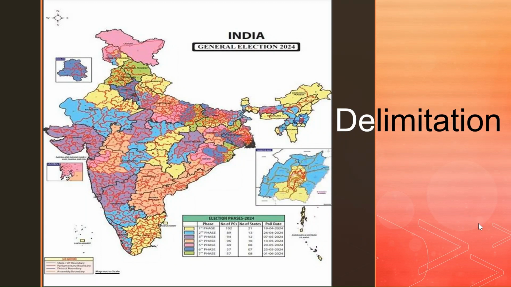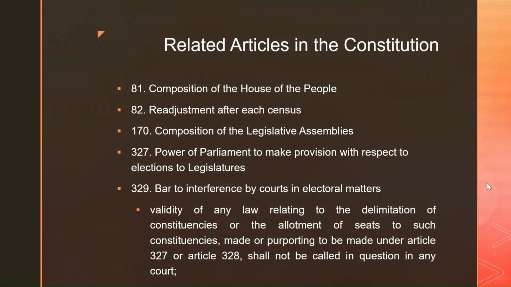In India, this exercise was frozen in 2001 to maintain balance among the states. However, with the freeze set to end after 2026, the central government plans to redefine the parliamentary seats based on the latest census data. Now we will see the related articles in the constitution with respect to delimitation.